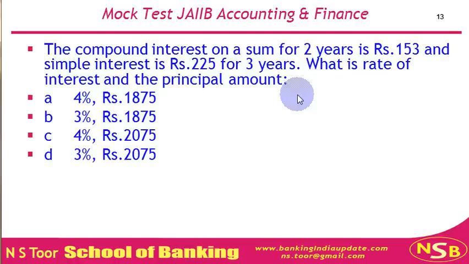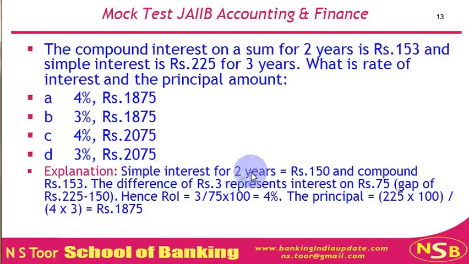Let us see the explanation. Simple interest for 2 years is 150 and compound interest is 153. So for 3 years simple interest is 225. For 1 year it will be 75. For 2 years it will be 150. So compound interest is 153 and simple interest is 150. So the difference of rupees 3 represents interest on 75, because there is a gap of 225 and 150.